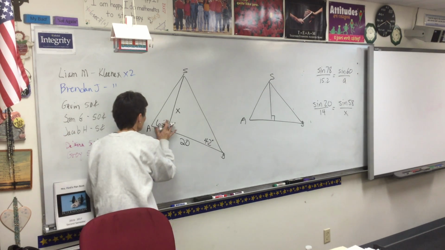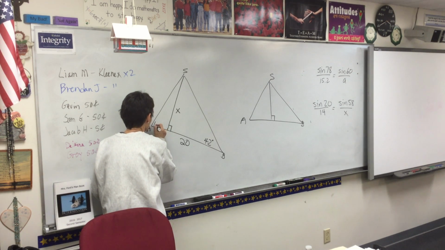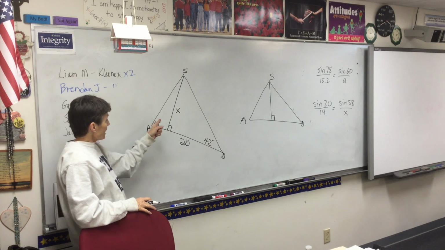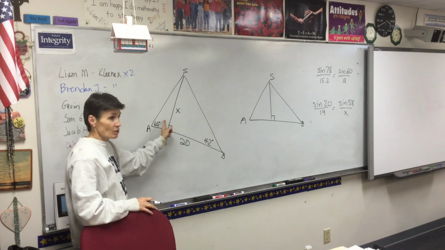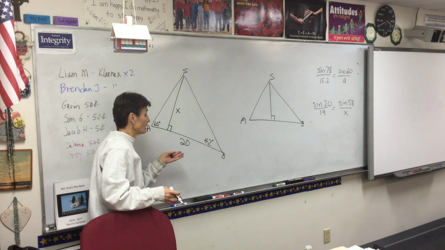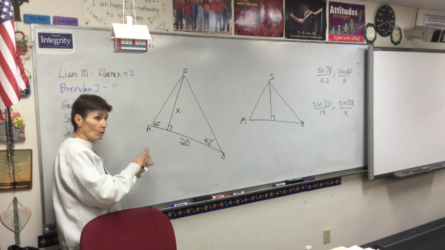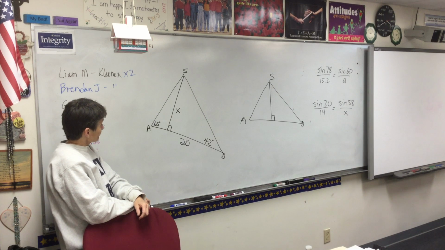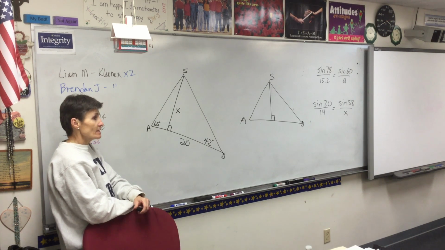Now, the good news is that both of these are right triangles. So if I had enough information, I could do SOHCAHTOA or the Pythagorean theorem. This is a very tough problem.